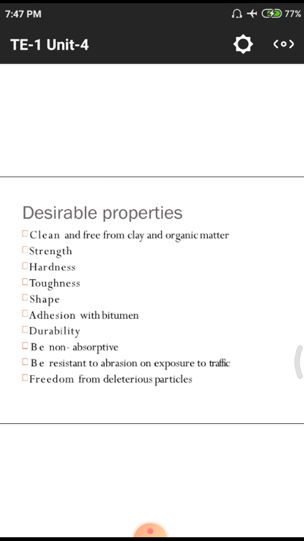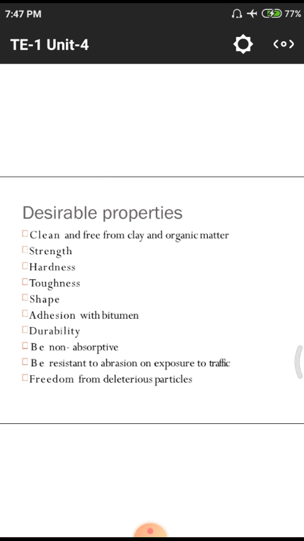Due to the smoothness there may be a chance of accidents, and brakes will not work on a particular surface. On some roads, when we apply brakes there is no grip to the tire, and that also leads to accidents and traffic jams, so we have to choose a material of particular hardness.